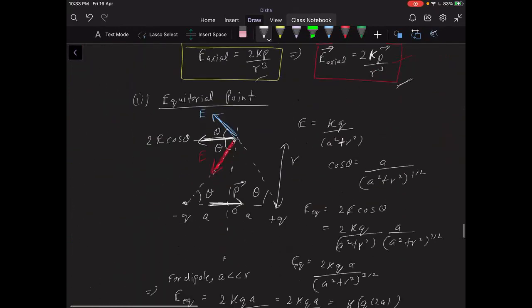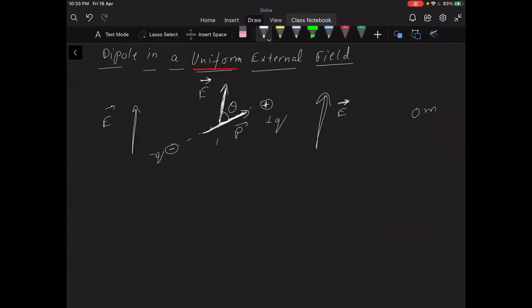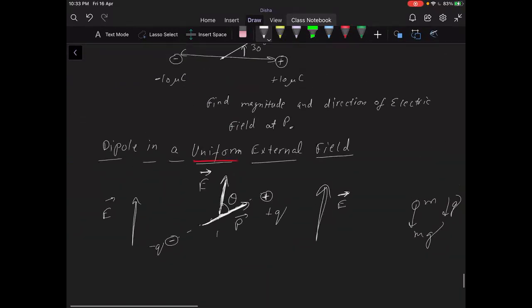So think of a mass and gravity. Mass m, gravity g is down, so force on it is mg down. Similarly, you might remember that a charge q in a field E will experience a force QE in the same direction as the field. This field is not because of the charge itself.